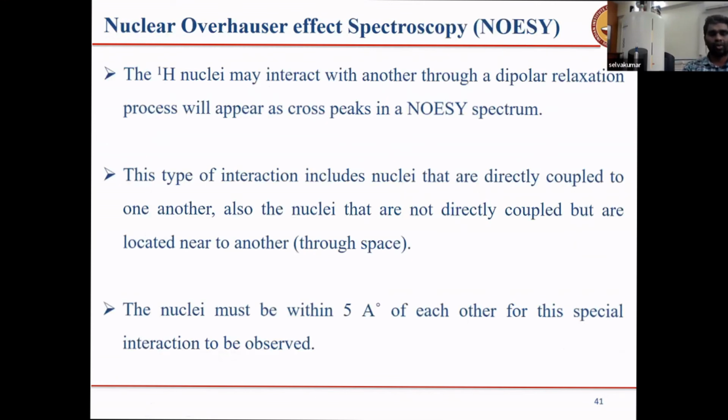Next, through-space correlation, homonuclear through-space correlation. First, I am going to explain NOESY, nuclear Overhauser effect spectroscopy. The H1 nuclei may interact with one another through a dipolar relaxation process, which will appear as cross peaks in the NOESY spectrum. This type of interaction includes nuclei that are directly coupled to one another, and also nuclei that are not directly coupled but are spatially close. Wherever the protons are spatially close, within 5 angstroms, we will get cross peaks in NOESY.